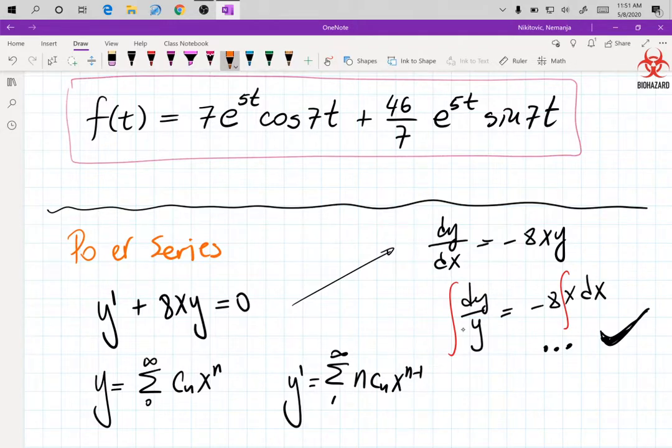Something like this, a problem that is asking you to do separation of variables, Laplace, and power series on the same problem. And then a second order problem, boom. Do the R method, the characteristic equation, or maybe separate into multiple equations for eigenvalue problems, do the Laplace, do the power series, right?